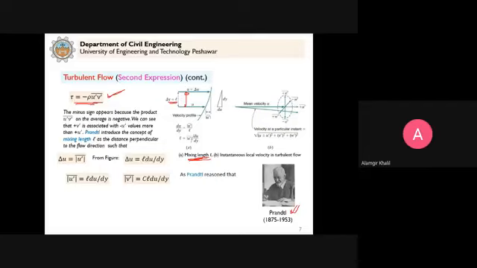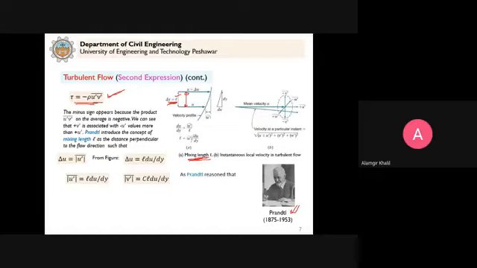Clear? Or another definition is that when a particle moves from this lower layer to a higher layer, it will move such a distance L before it loses its initial velocity, because it moves to a higher velocity layer. Clear? So this is how we define the mixing length L. Now, based on this concept, how to calculate the mixing length L?